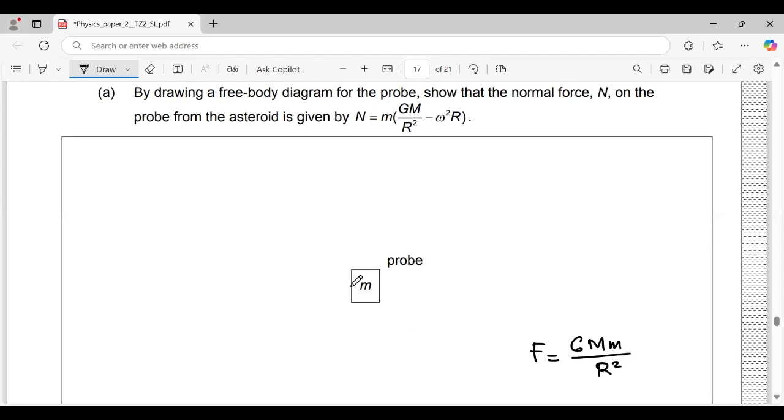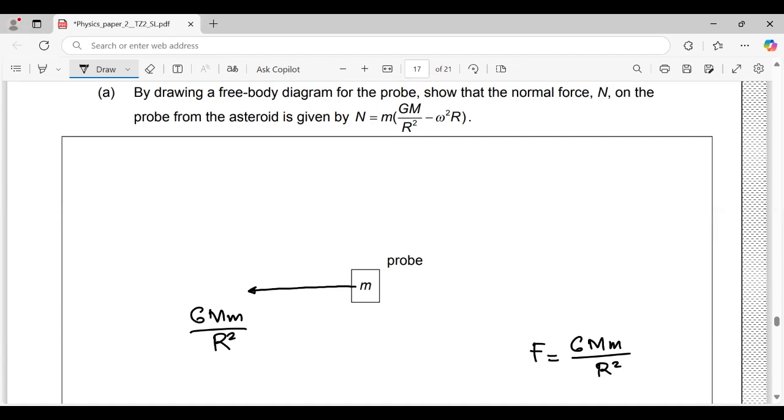The direction on this diagram is to the left. G is the gravitational constant, M is the mass of the asteroid, m is the mass of the probe, and R is the radius of the asteroid.